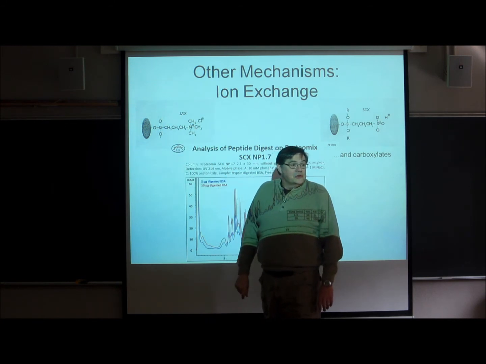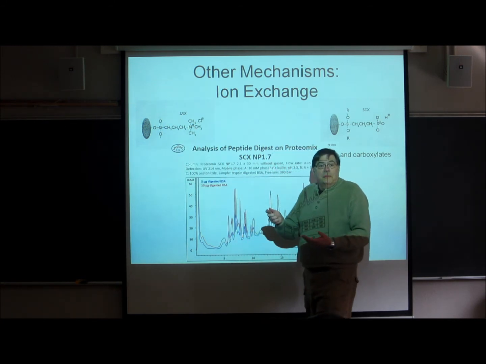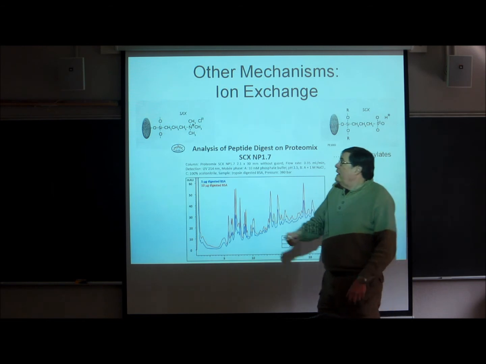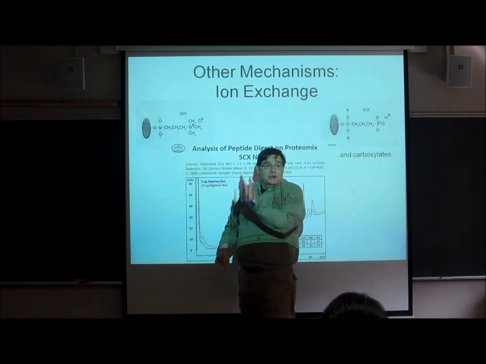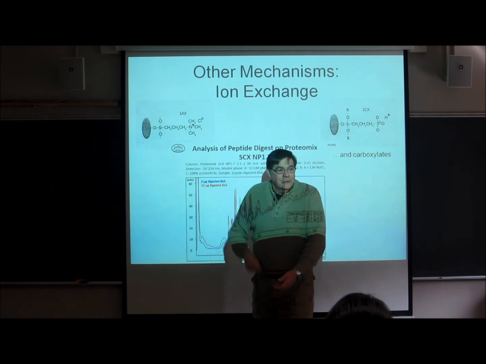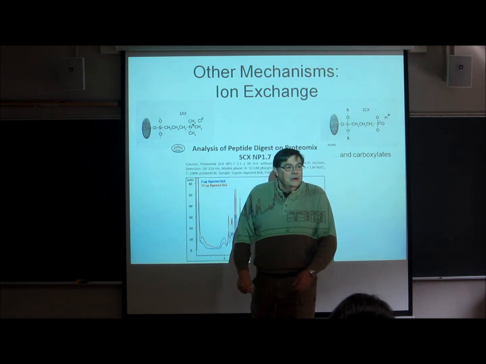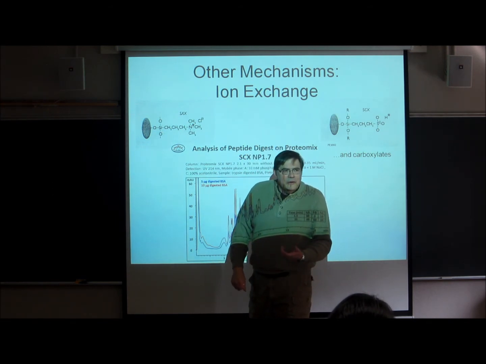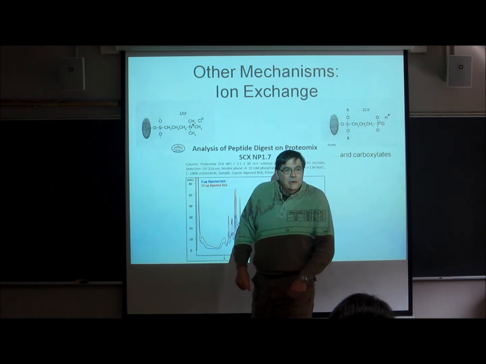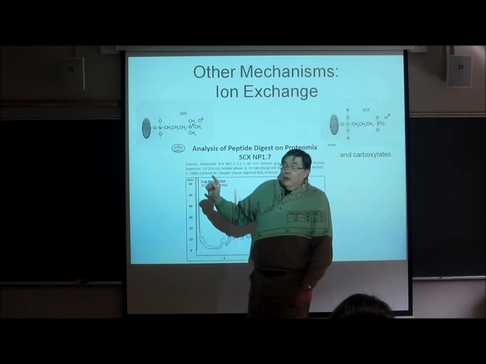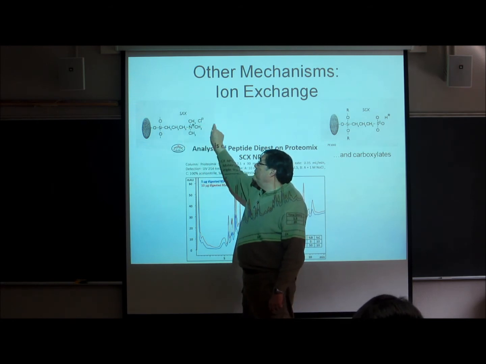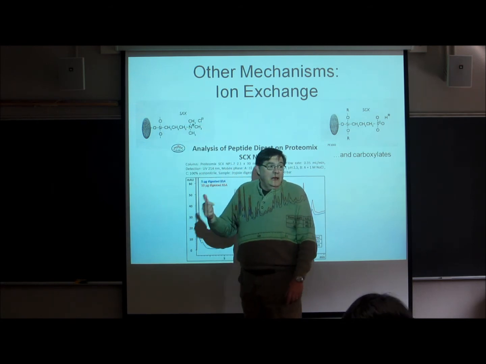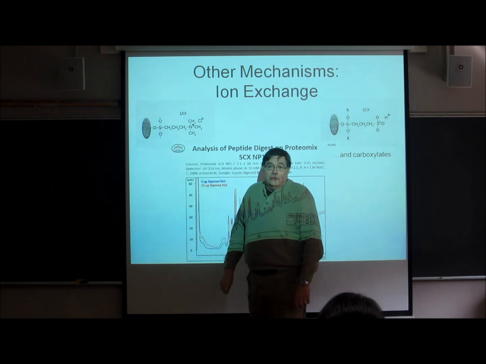So if you have a collection of ions, anions and cations, the cations would move right by this stationary phase pretty much unimpeded, so they come through the column real fast. But the anions will be attracted to the positive charge. What they'll do is displace a chloride and then hang out with this stationary phase for a while.